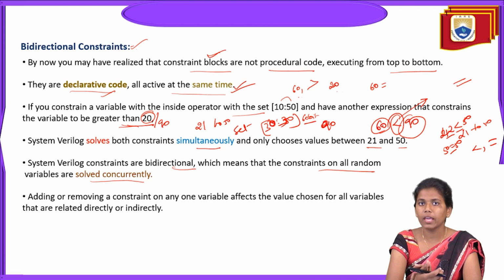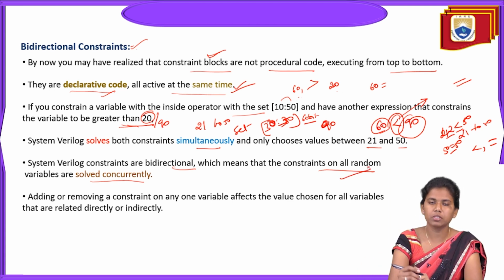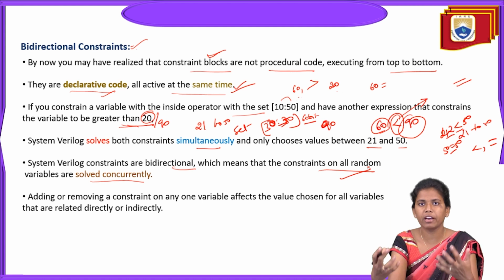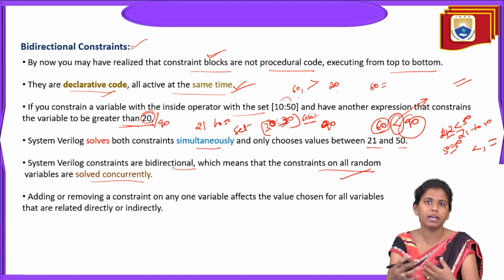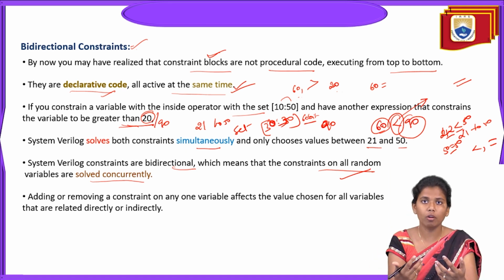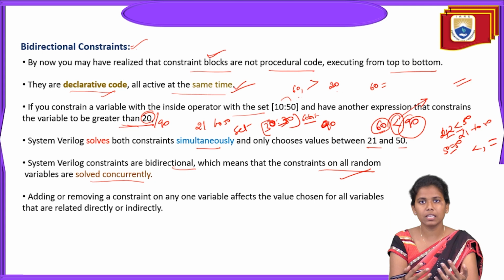Because whatever random variables have been picked by the designer to achieve the proper output, the execution of those variables can be solved concurrently, simultaneously. That's the reason we call them bidirectional.